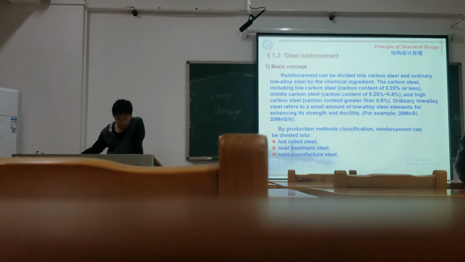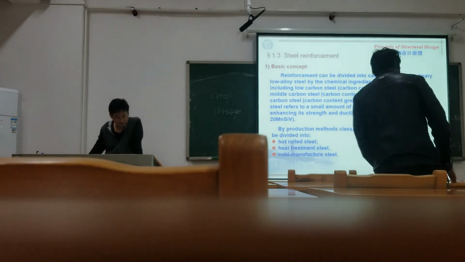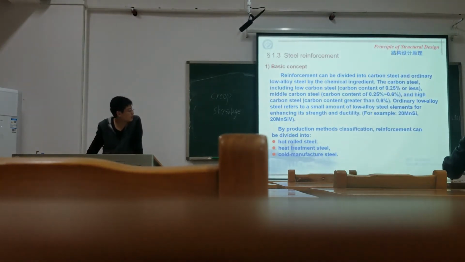So now we come back to steel reinforcement. Actually, last class we reached here, but we didn't cover much. We have introduced the reinforcement. We can divide it into two different types: carbon steel and ordinary low alloy steel.